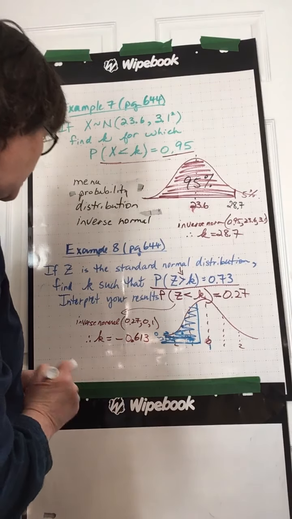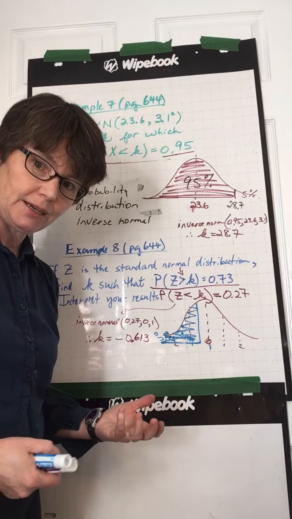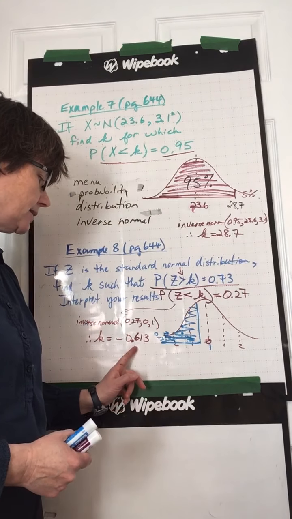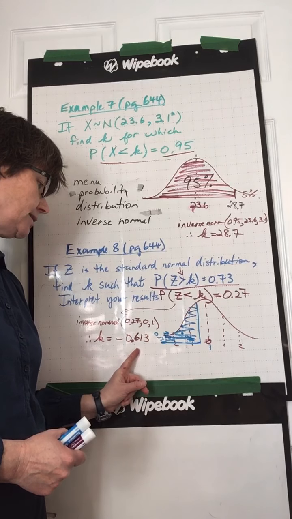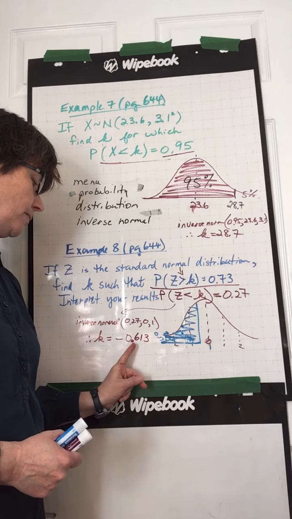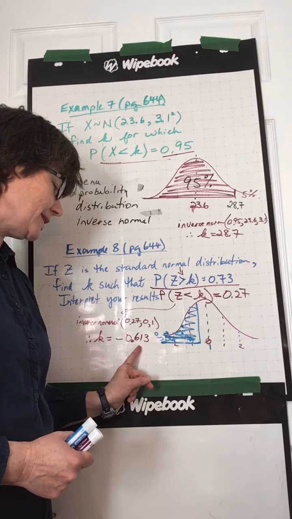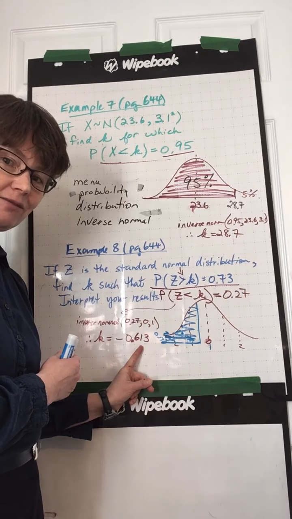Now, the next part of this says, interpret your results. So what this actually means, and another thing that the standard normal distribution does for us, is it tells us that 27% of this data is 0.613 standard deviations to the left of the mean.